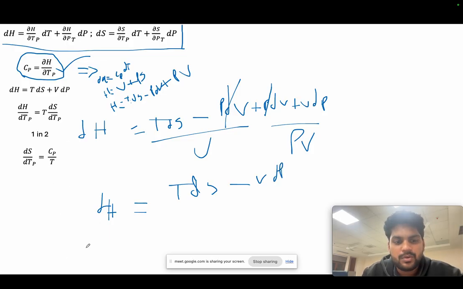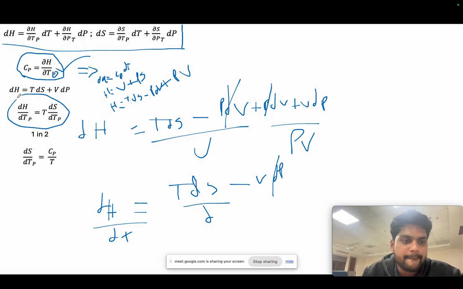Now I want to do division by dT at constant pressure. If I am talking about constant pressure, this will become 0 because it is constant. So now we have this equation, I have proved this equation.